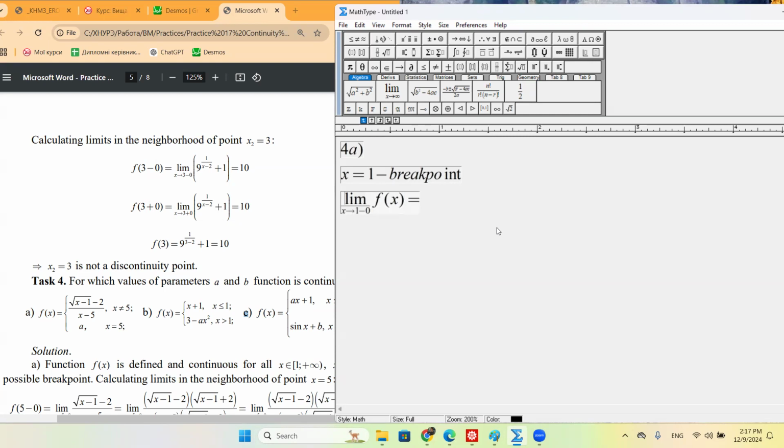And what expression do we use for 1 minus 0, by the way? x plus 1. Yes, x plus 1. And it equals 2. And for 1 plus 0, 3 minus ax in power of 2.